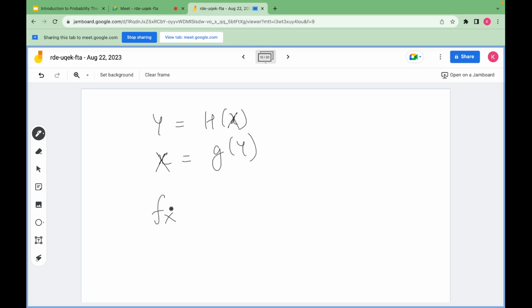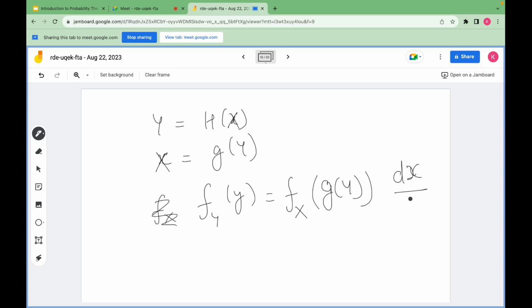Then the PDF of y is equal to the PDF of x, where instead of small x we write its expression in terms of y, multiplied by dx by dy.